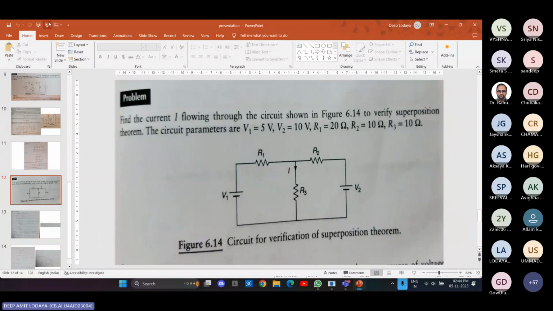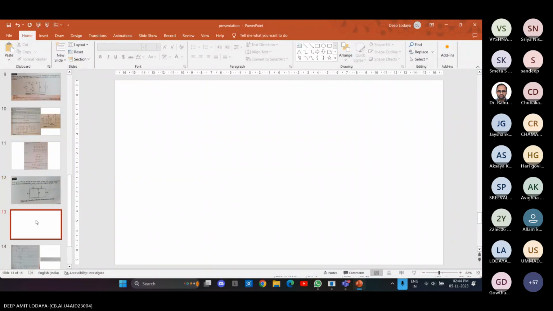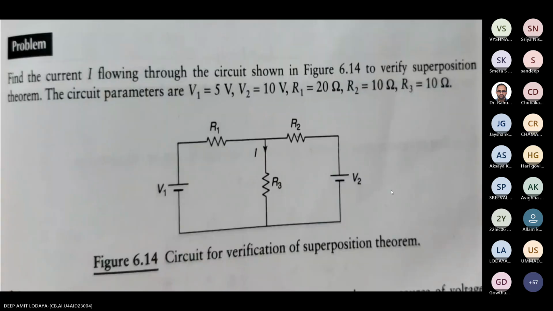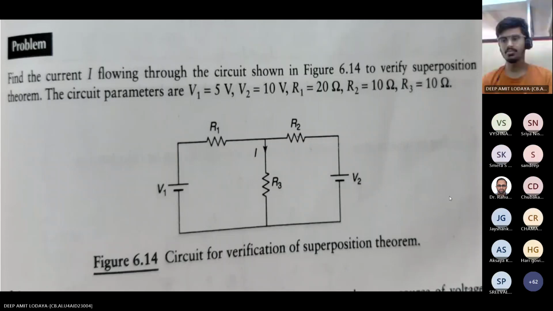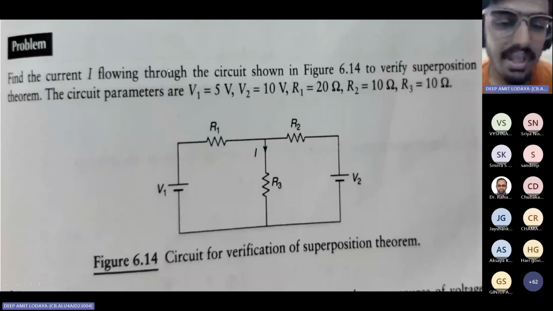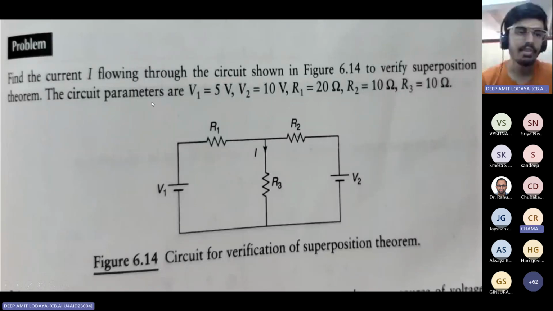I hope you can see my screen. Okay, so let's start with the question. We have a simple circuit given over here.